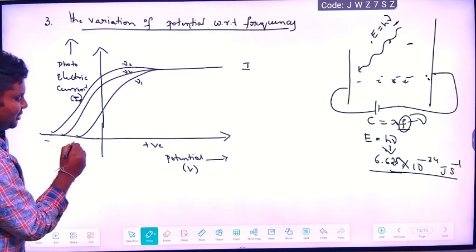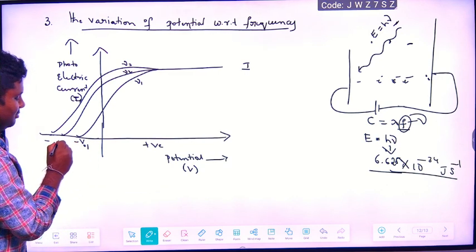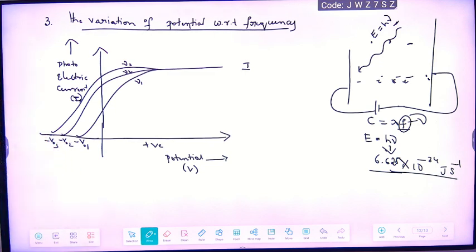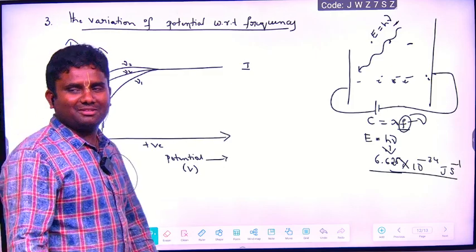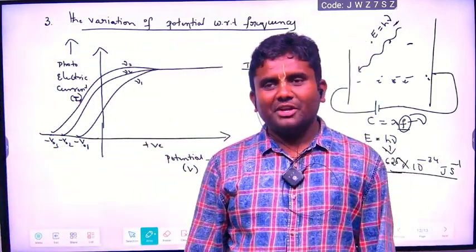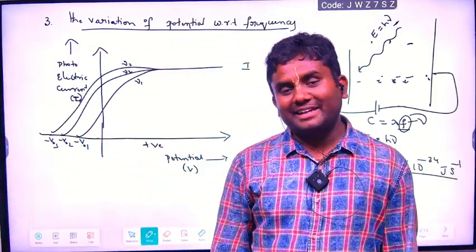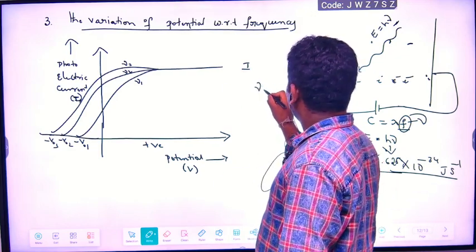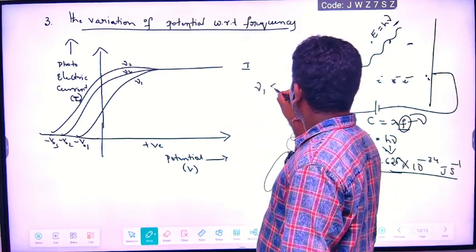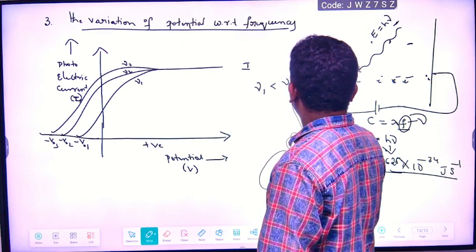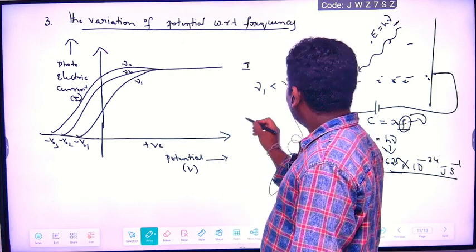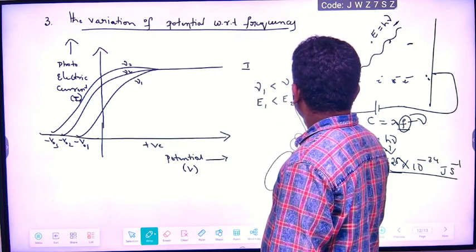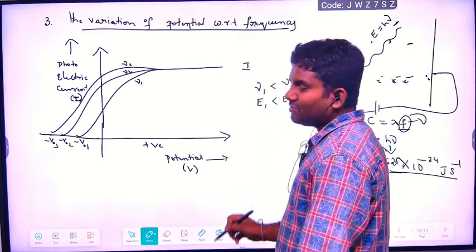Now you see the stopping potentials: minus V01, minus V02 and minus V03. Different stopping potentials are coming. So frequency mu1 is less than mu2, which is less than mu3. Now energy E1 is less than E2, which is less than E3, because energy depends on frequency.